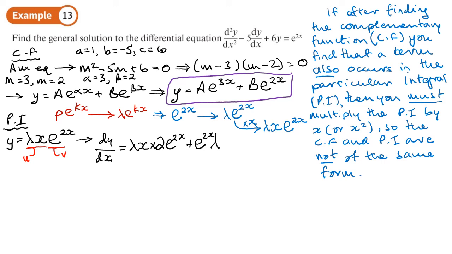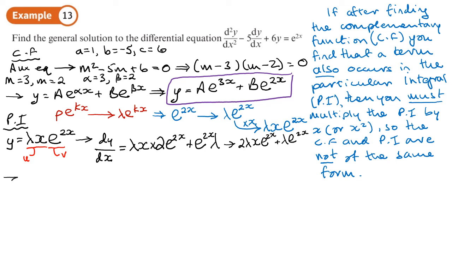So it might be worth just tidying that up a bit. So I'll have 2 lambda x e to the 2x plus lambda e to the 2x.